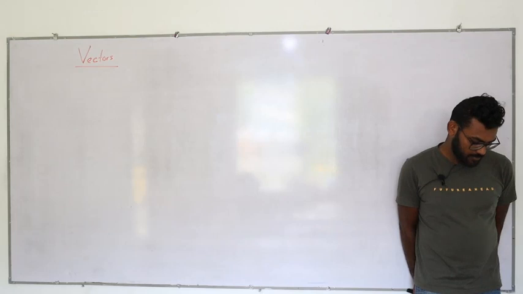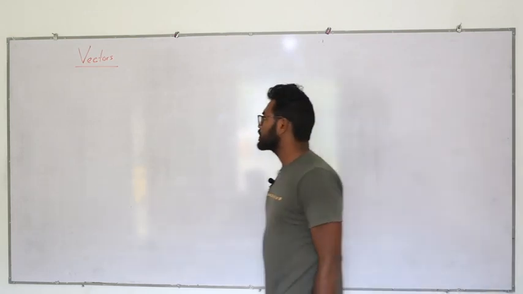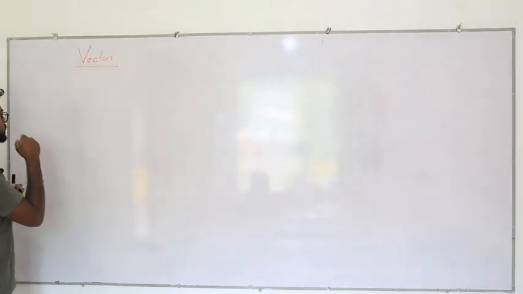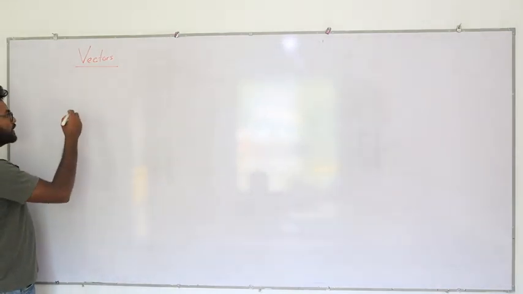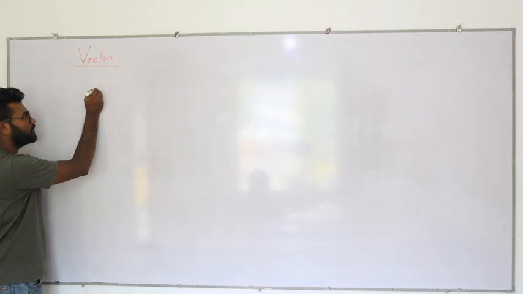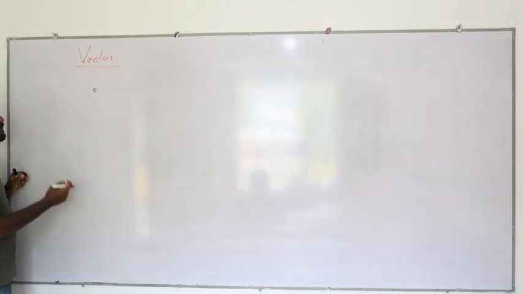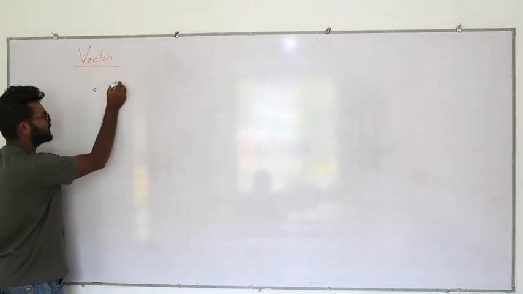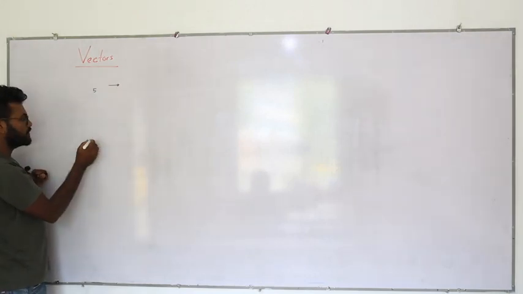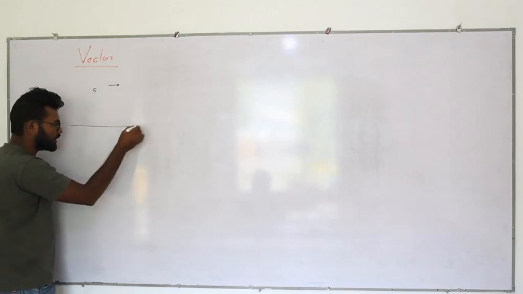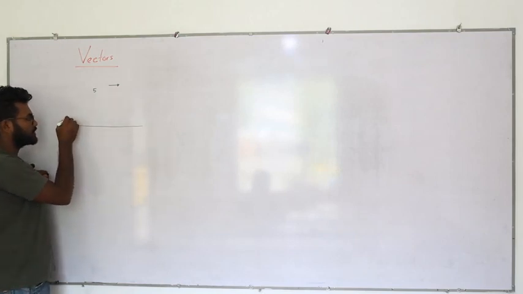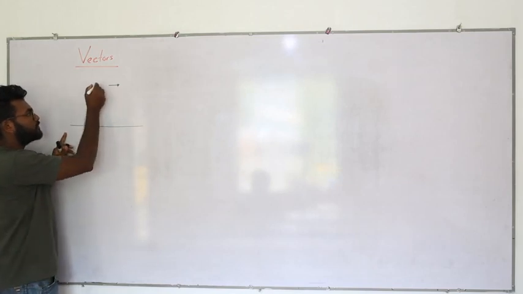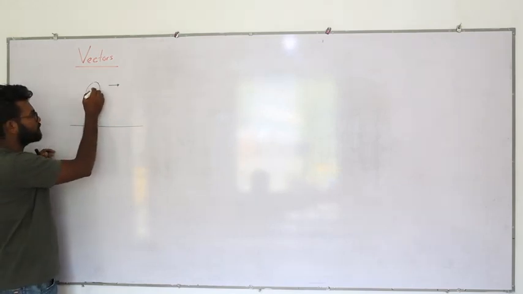Okay, so let's say we need to draw a certain vector with a magnitude of 5, right? And it is acting towards this side. So that means we can draw a straight line, and the length of the line has to correspond to the magnitude. Let's say you have 5.